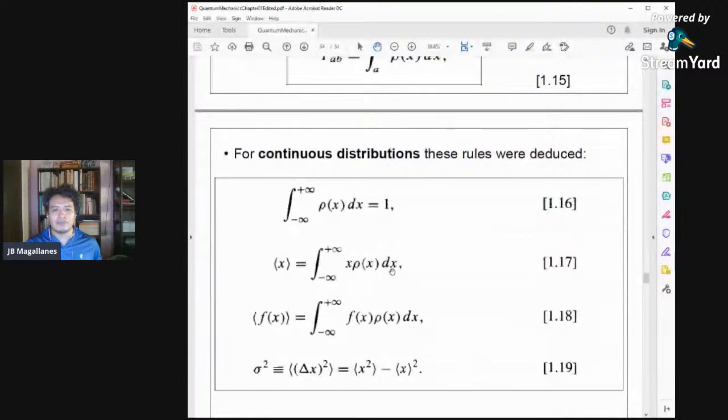If you have a function, you can also get the expectation value of that through this integral. And the standard deviation is also calculated through this expression. In continuous distributions, we use integration rather than summation.